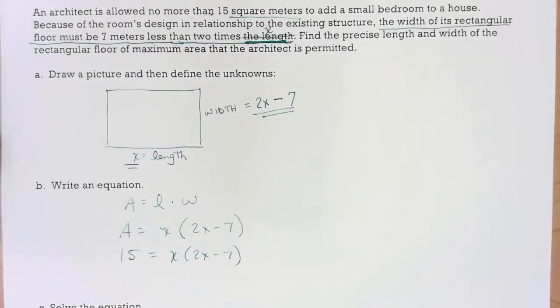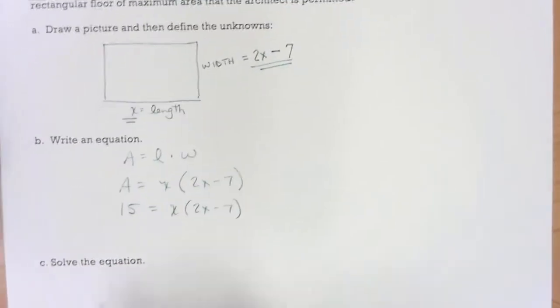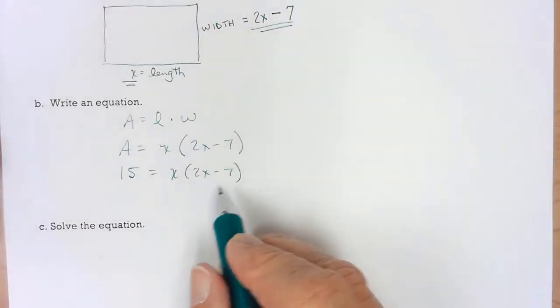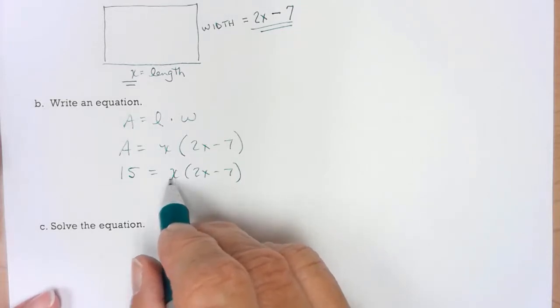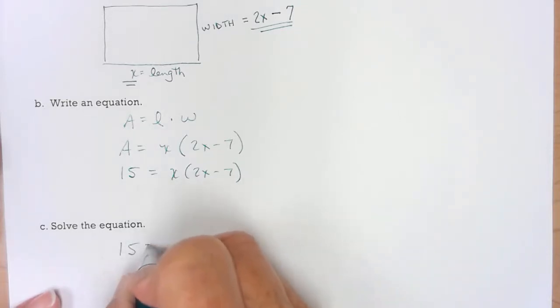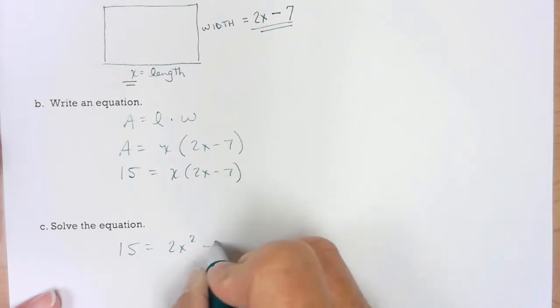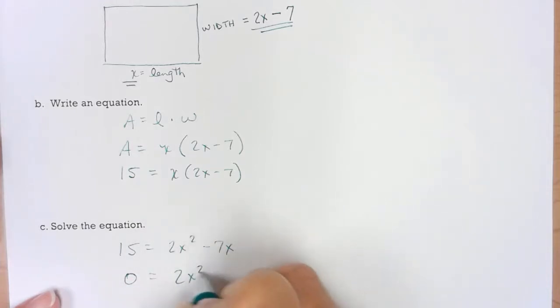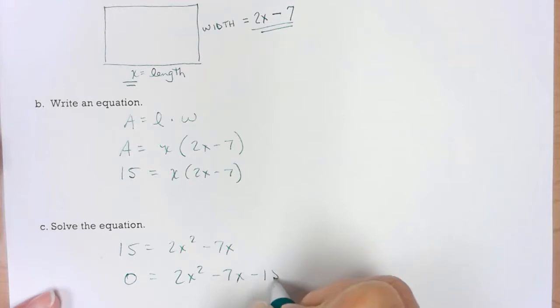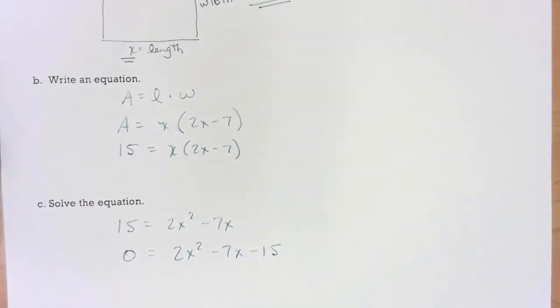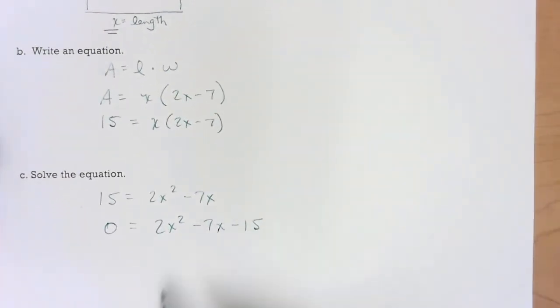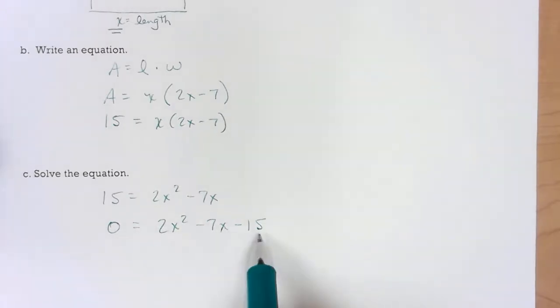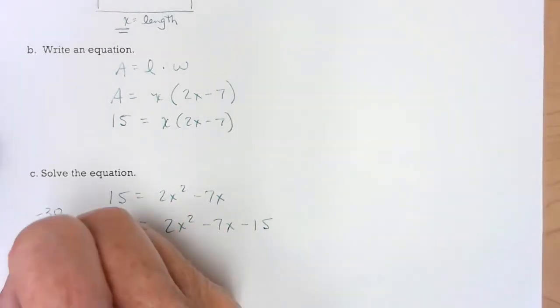So I've got myself an equation, haven't done much to it, I just came up with it. Now to solve the equation, let me multiply through. I like to keep that positive, so I'm going to subtract 15 from both sides. This is one of those AC methods that we're going to have to take a little bit of time on. So 2 times negative 15 is a negative 30.